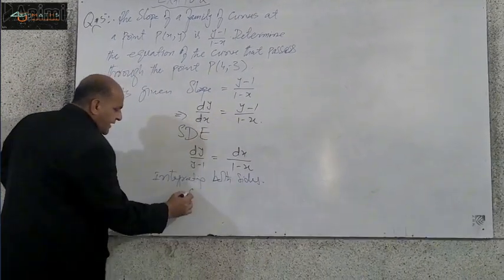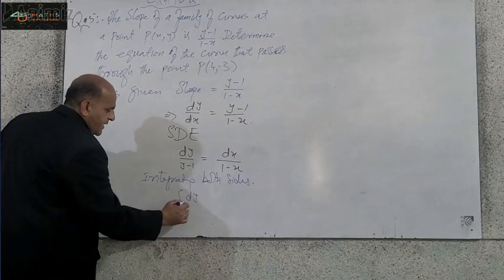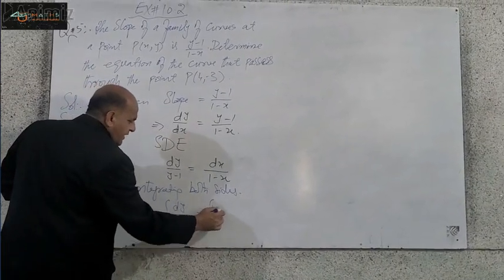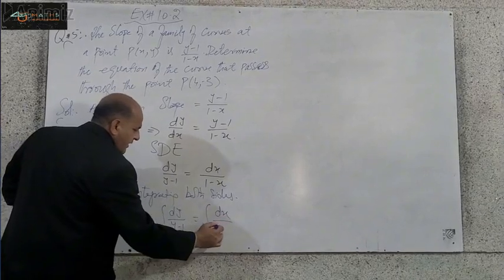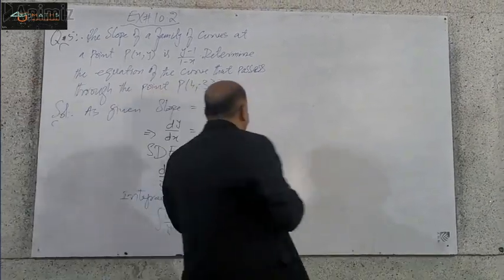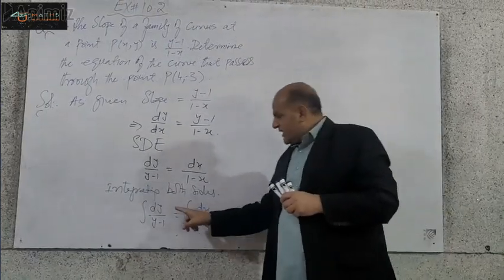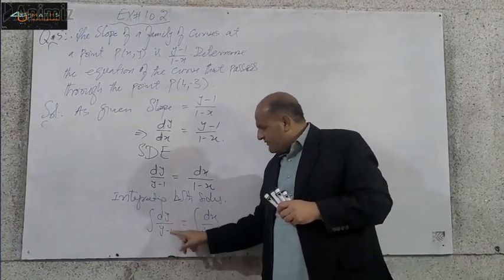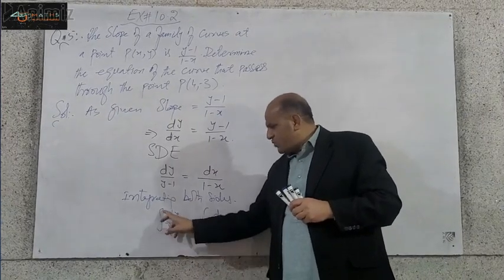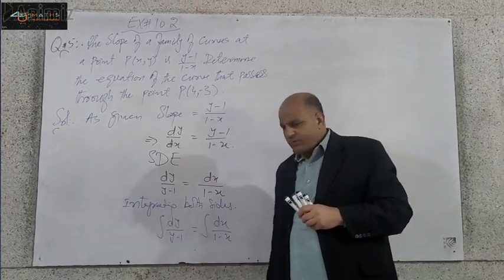So applying the integral on both sides, we have integral of dy by (y minus 1), and on the right we have integral of dx divided by (1 minus x). Now we can see that the derivative of the denominator function exists here as 1. Why? The derivative of y minus 1 is 1, which exists in the numerator.